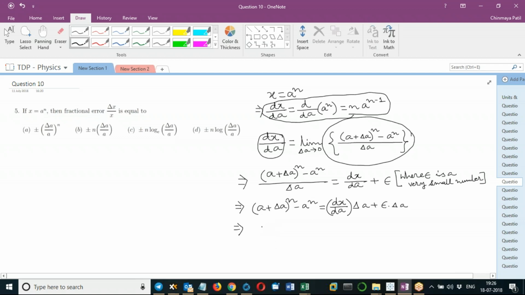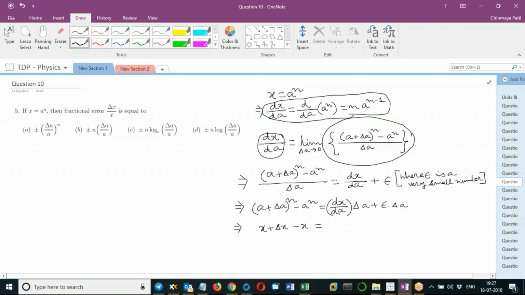If x is equal to a power n, x is a function of a, so a plus delta A power n minus a power n gives delta x. And dx/dA is equal to n a power n minus 1.